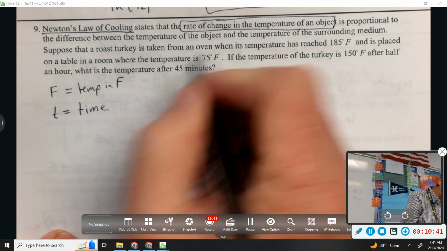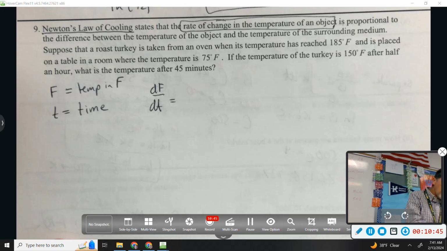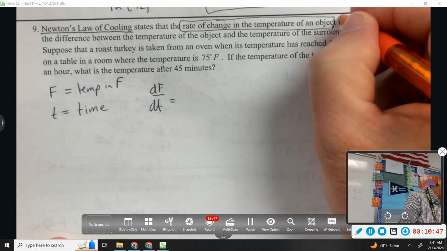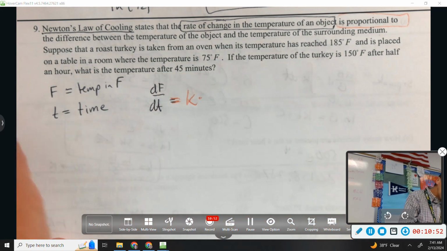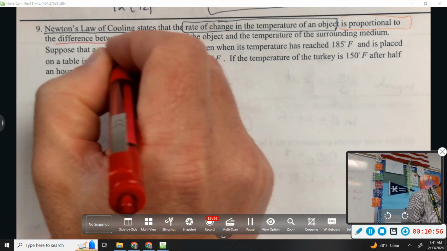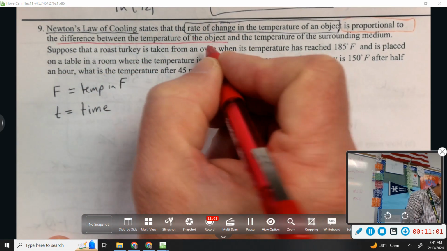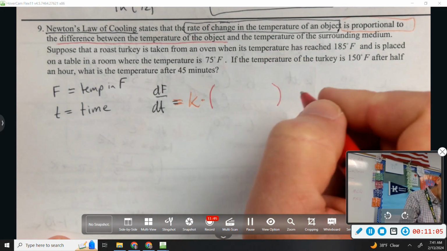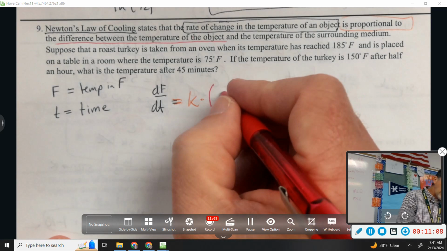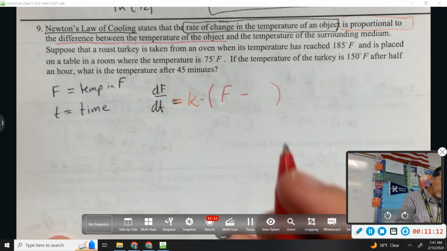So rate of change in the temperature of an object, so we'll say that's dF/dt, is proportional to, so equals k times the difference between the temperature of the object, that's the F, and the temperature of the surrounding medium. So that's like F minus whatever the temperature of the medium is.